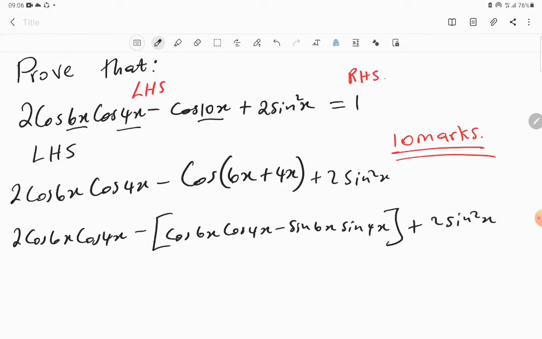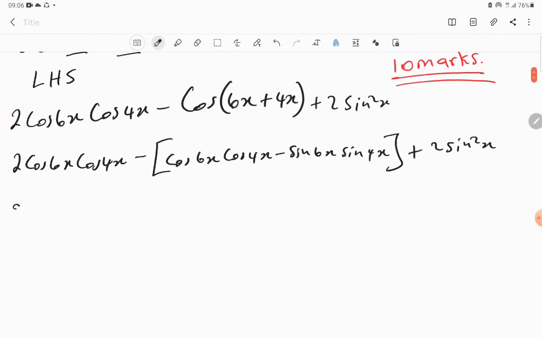So we have this one now. The idea is to try to distribute this negative to the inner function. Whilst we are doing that, let's keep this one as it is.